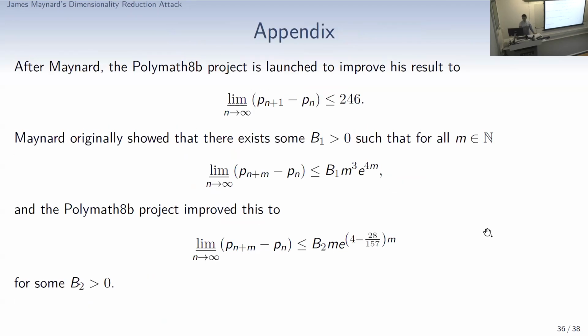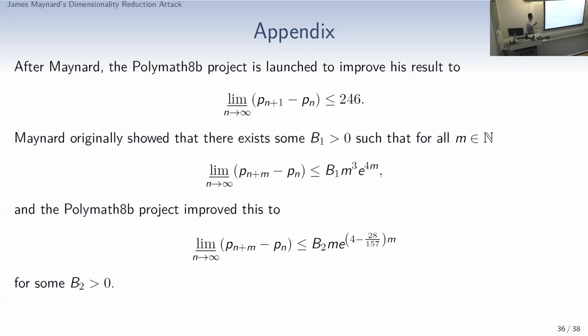So that's everything about today's talk, and there are also some further improvements after James Maynard. The polymath project before James Maynard is called Polymath 8. Because this polymath project after James Maynard is still concerned with prime gaps, this new project is called Polymath 8b, and the previous one is 8a.